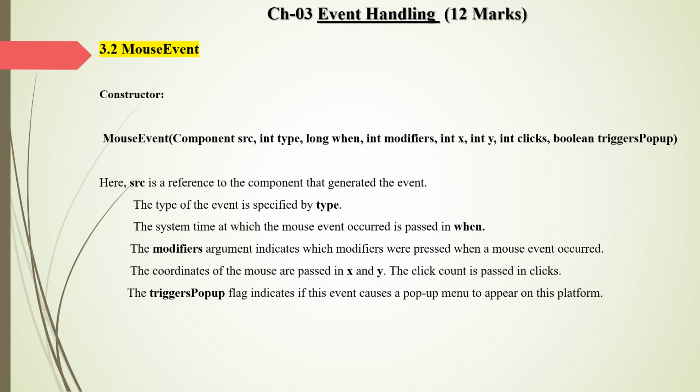The click count is passed in click, how many times the user clicked the mouse. And the last one is the triggersPopup flag, which indicates if this event causes a pop-up menu to appear on this platform. So if any pop-up window appears, this parameter is true, otherwise it is false.